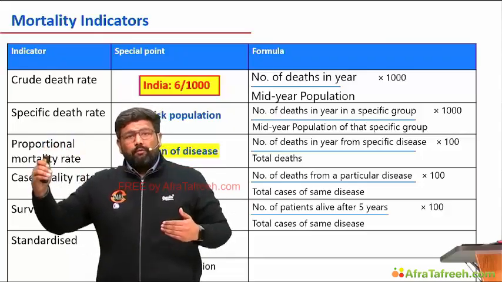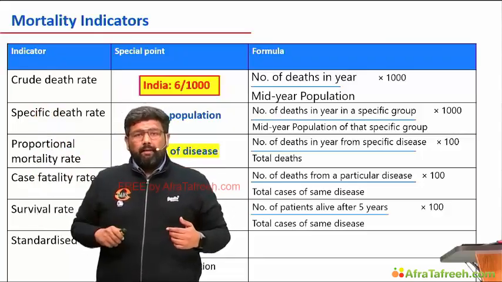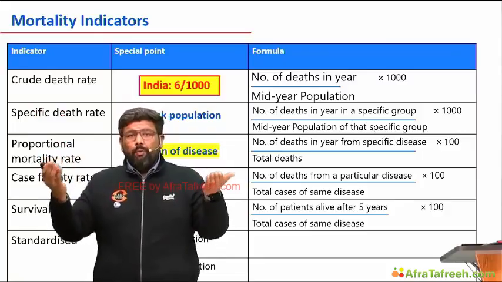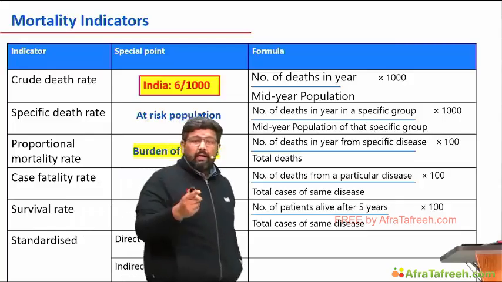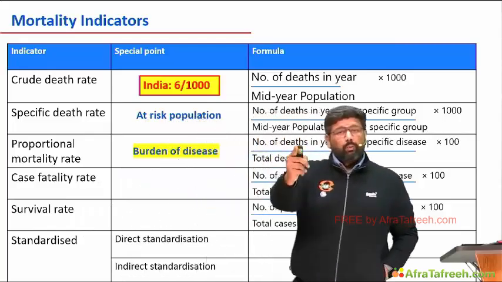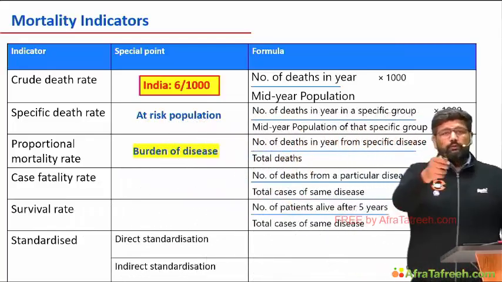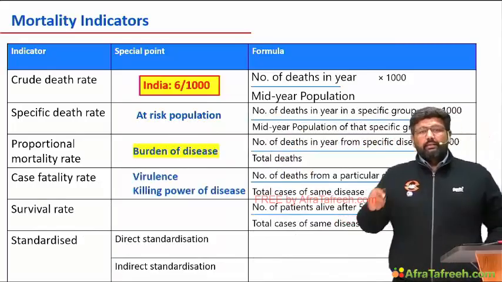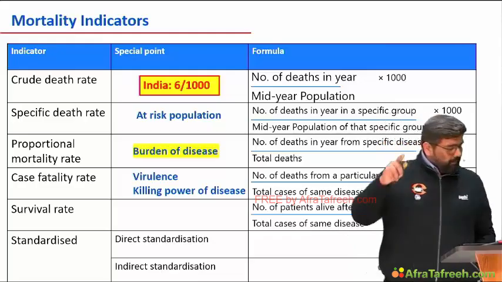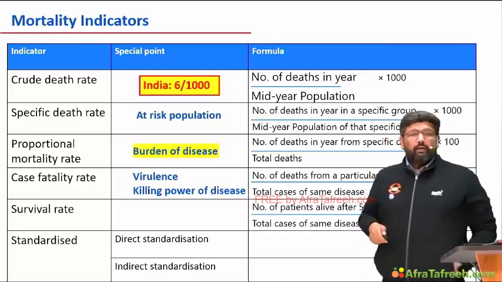Omicron, out of 100, 2 died, right? According to you, which is more virulent, which has more killing power? The one which is killing 5 out of 100 or the one which is killing 2 out of 100? So yes, case fatality rate will tell you virulence. What is virulence? It is the killing power of the disease.